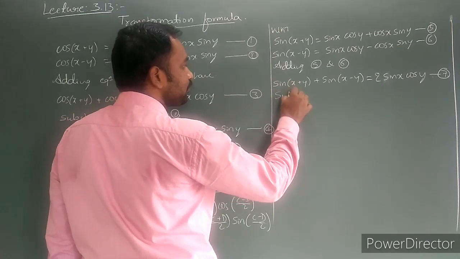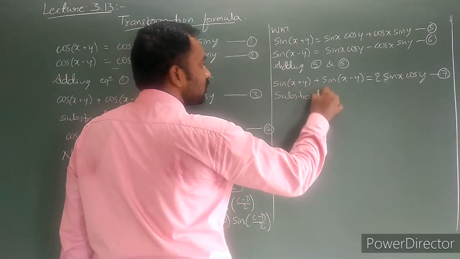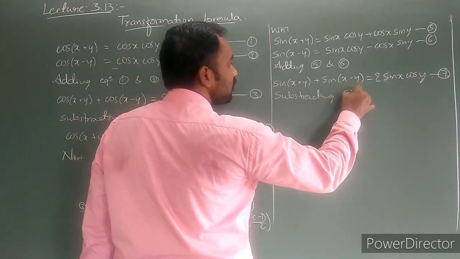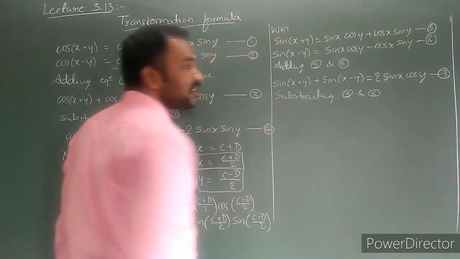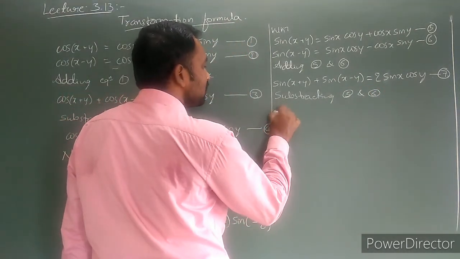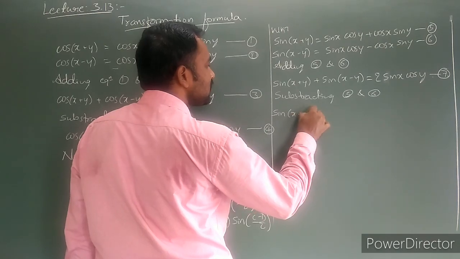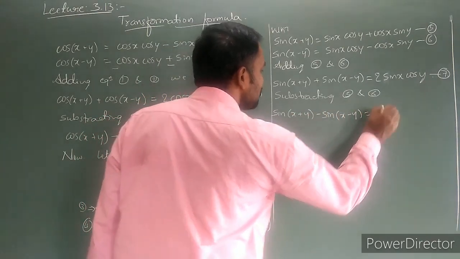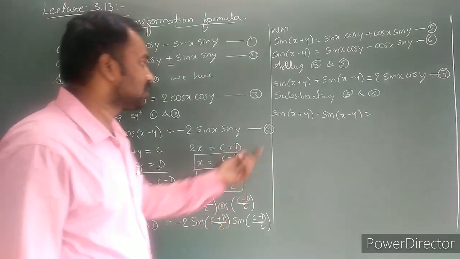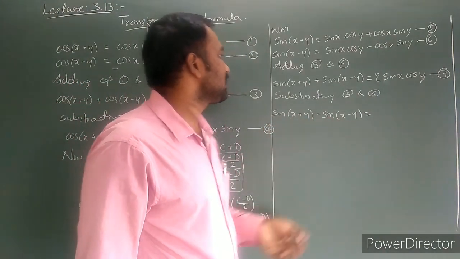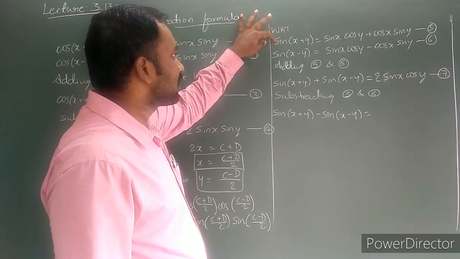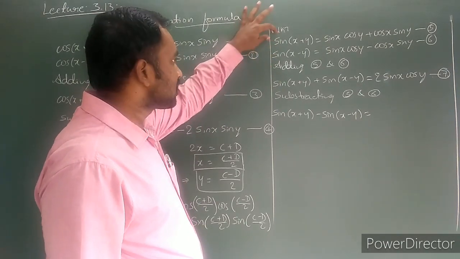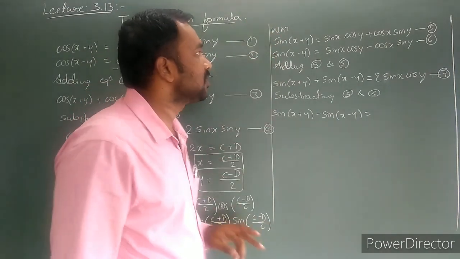Similarly, subtracting equation number 5 and 6. What will we get? Sin of x plus y minus sin of x minus y is equal to how much? Subtract this equation: minus of this, minus of this.